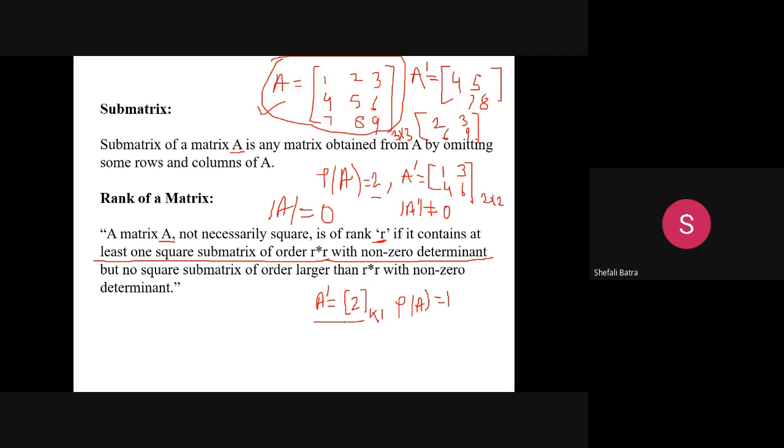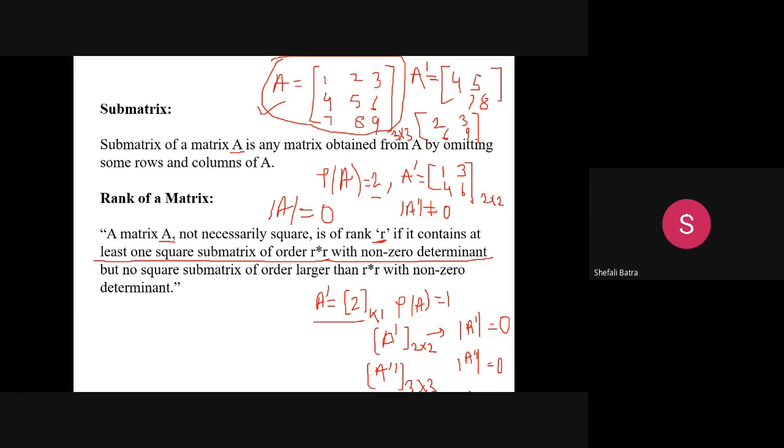But along with this, a submatrix of order 2 cross 2, right? And the determinant of that matrix must be 0, as well as A double dash, let's say its order is 3 cross 3, it must be 0.